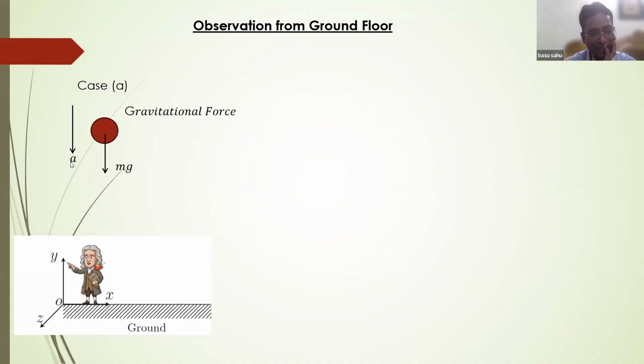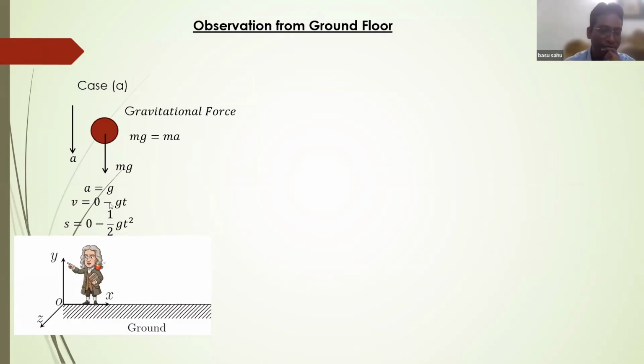So this is the acceleration generated by this force only. Now write the equation: mg is the force, equal to ma. Now a is equal to g. And we know very well, if the acceleration is constant, something special happens. We can predict the displacement s very easily with the help of these equations.